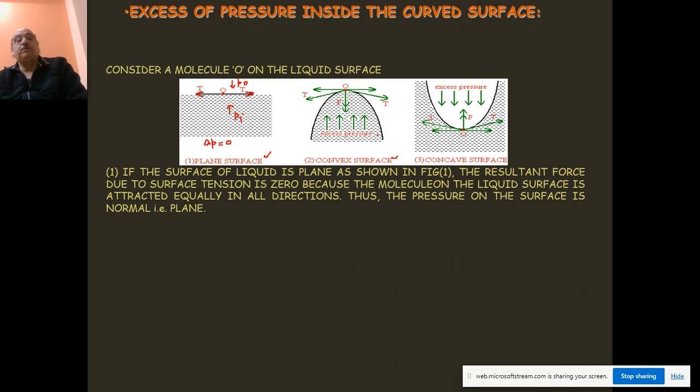But in case of the convex surface, here is the convex surface made by liquid. T is the surface tension on the point molecule O, and T is on this side also.